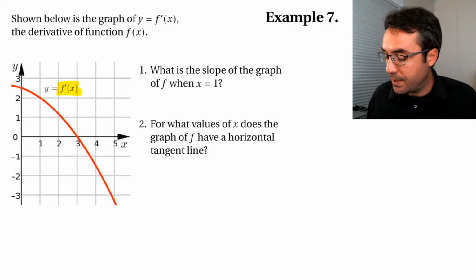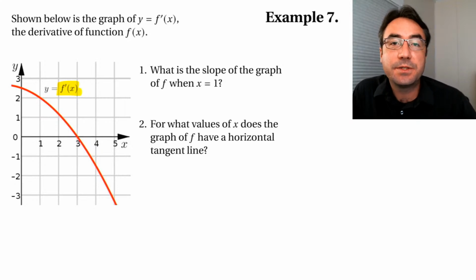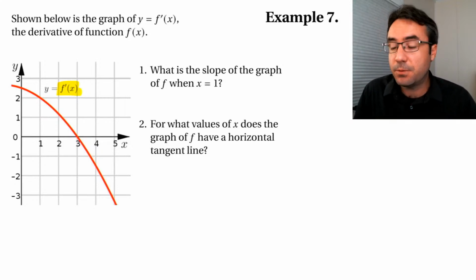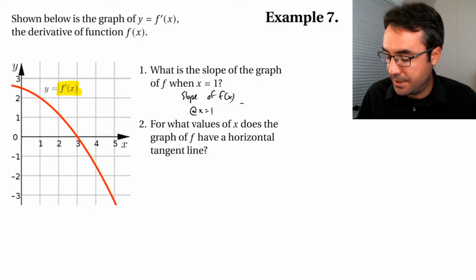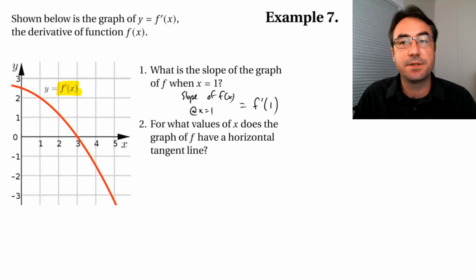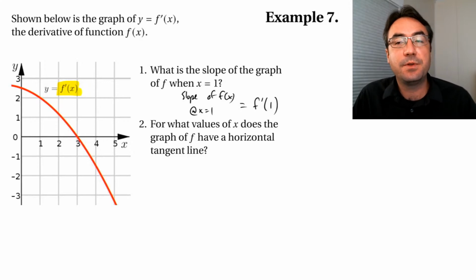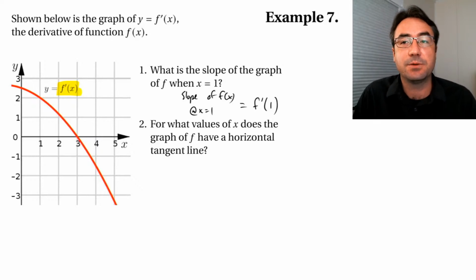And so the way we read this graph, we want to answer the question, what is the slope of f when x is equal to 1? Well, the slope of f of x at x equals 1 is exactly what the derivative tells us. If we were to evaluate the derivative at x equals 1, that would give us the slope of f of x at x equals 1.